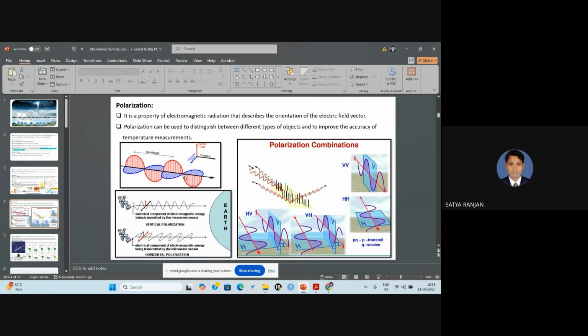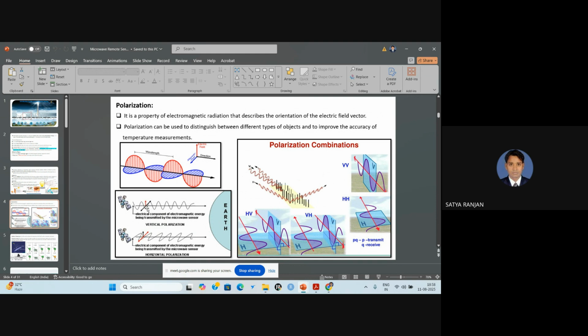In the microwave region, suppose radiation is penetrating the earth, then reflected. The reflected radiation and the incident radiation can have different orientations.